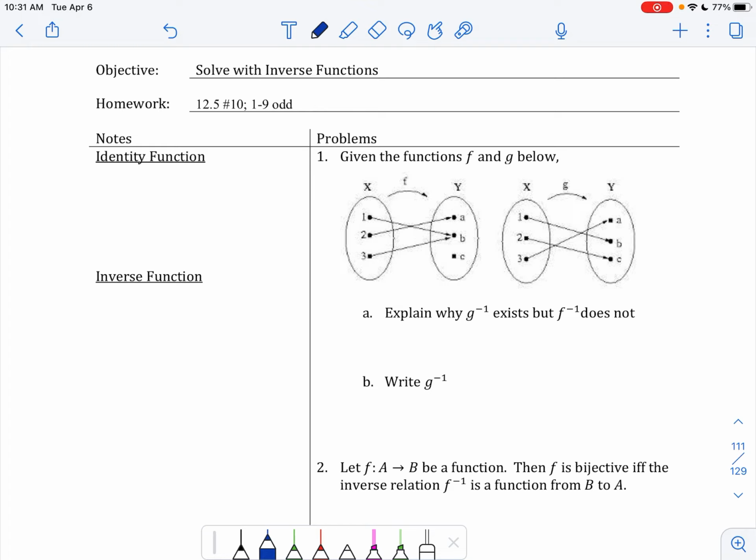Now, if you remember some things about inverse functions, one of the most important ideas of inverse functions is that they cancel each other out. And this idea is exemplified by the identity function.